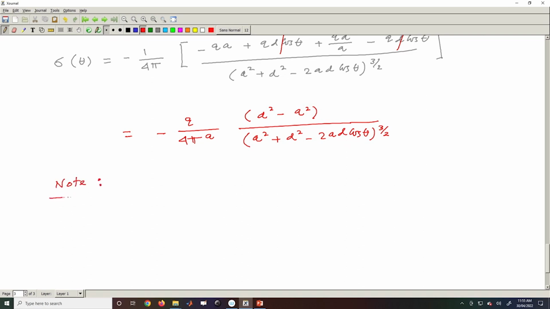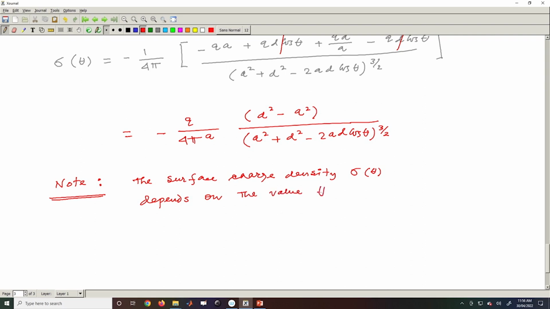Note, the induced charge density, the surface charge density sigma as a function of theta, very much depends on the value of theta.